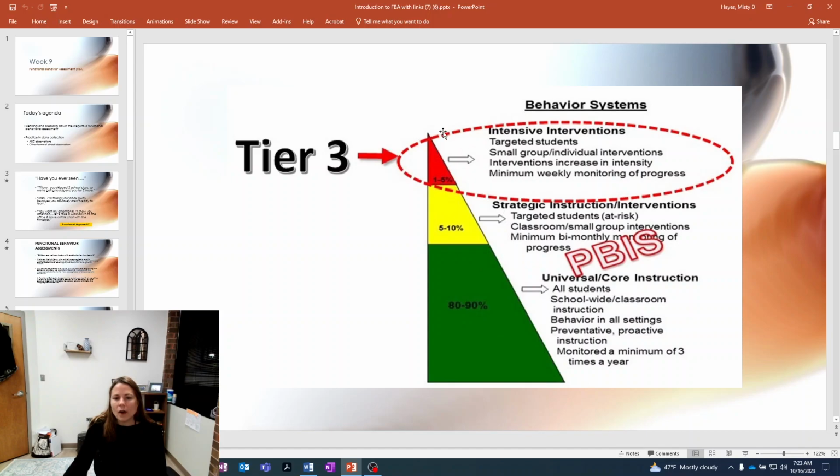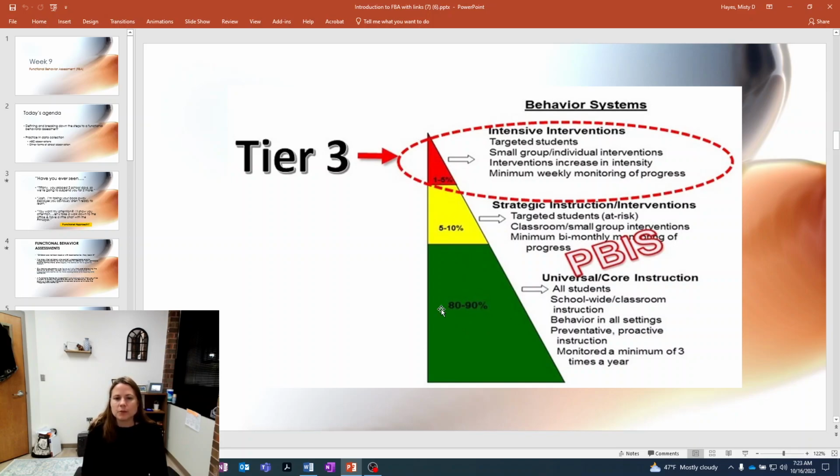So what these 3 areas indicate is what students are receiving in terms of intervention, right? So just like RTI, you have your core, where everyone in the whole school has the same rules, right?